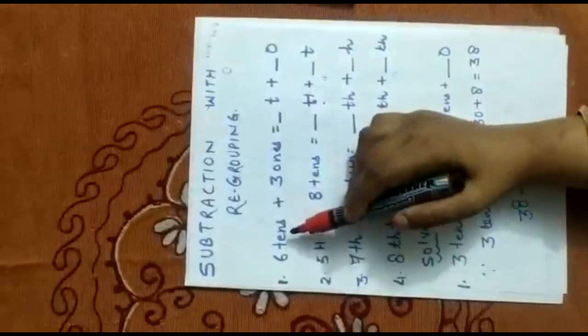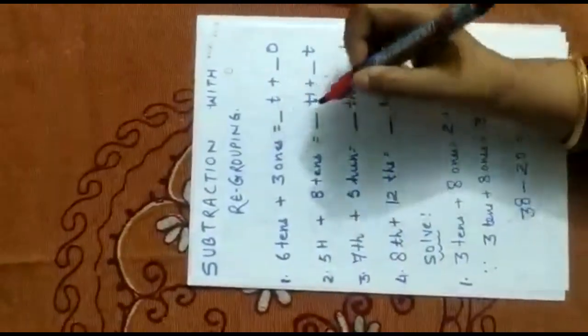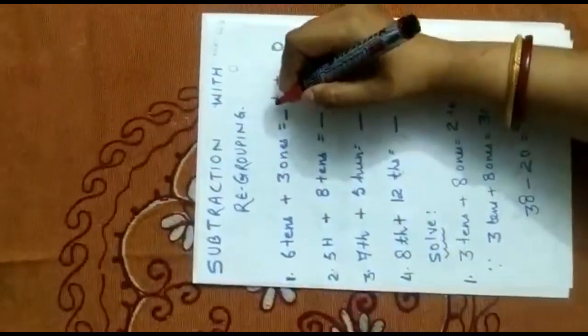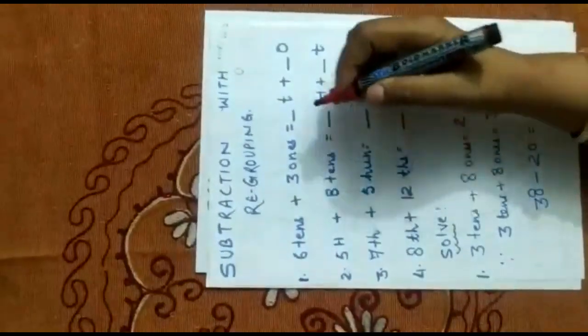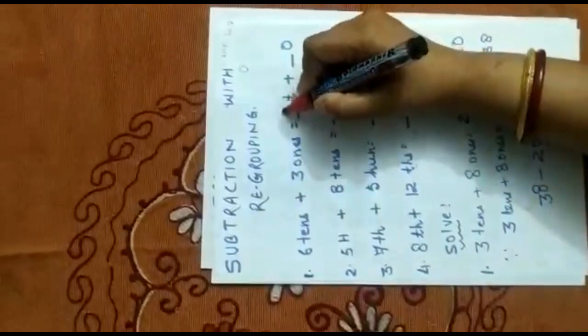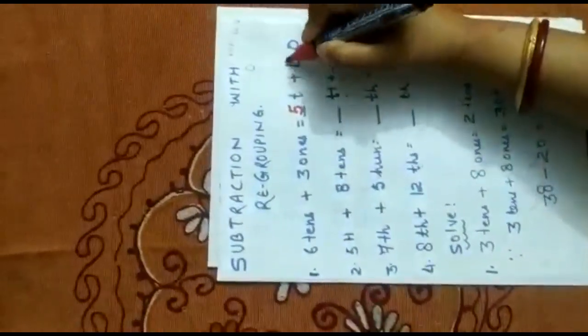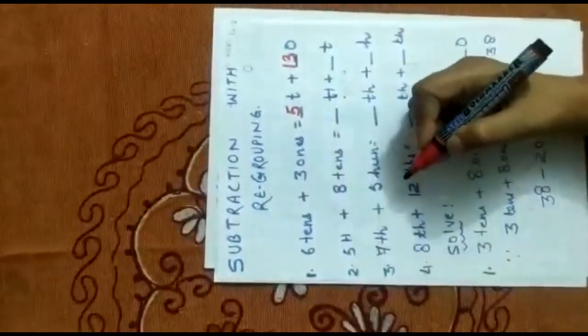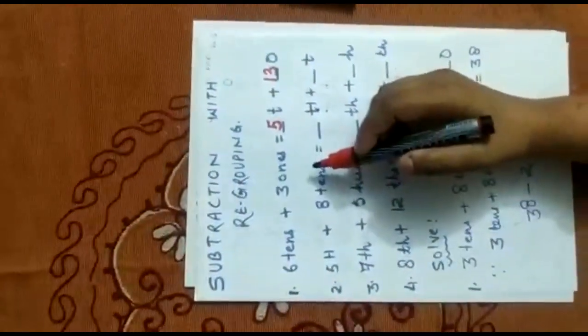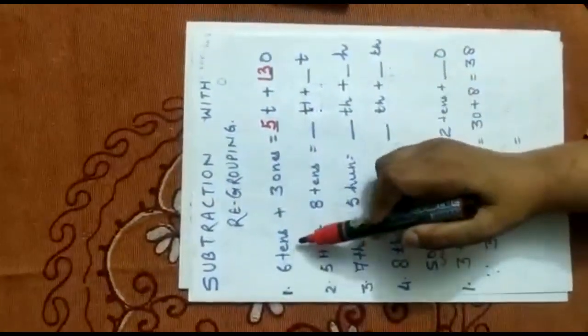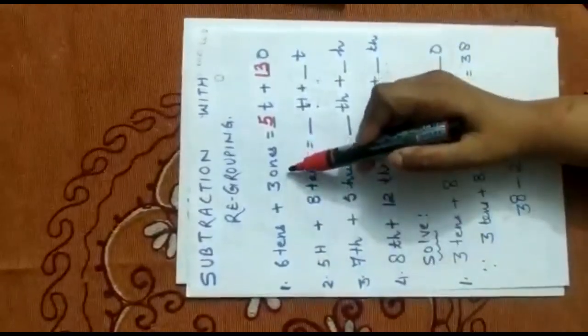For example, 6 tens plus 3 ones is equal to 5 tens and 13 ones. How? As we see, we can write it as 5 tens plus 13 ones.